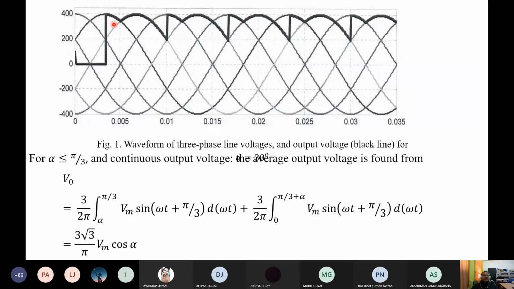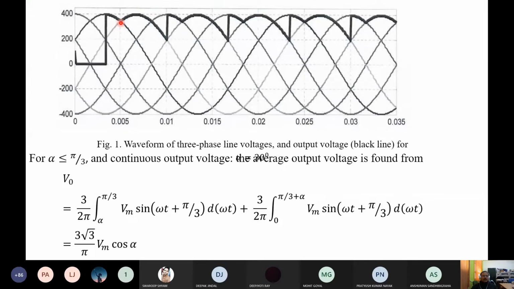So what happens? We are triggering S1 here, so the return path is through D2, and this voltage will appear. Now after 60 degrees, D3 is maximum forward biased. So the current will automatically shift, here there is no cut, the current is only shifting from one diode to another.